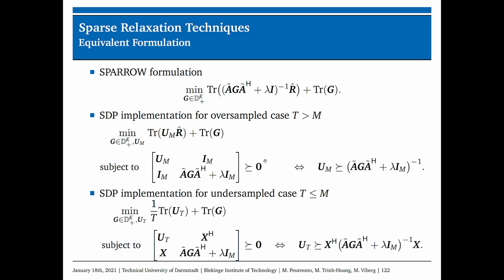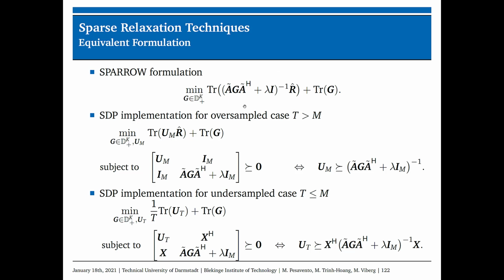The second formulation is preferable in the undersampled case where the number of samples is less or equal to the number of sensors m. In this case, we can replace the sample covariance matrix in the objective by the product X times X Hermitian, and use the property of the trace that we can cyclically shift the arguments in the trace of the product.